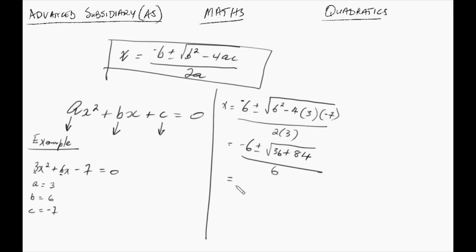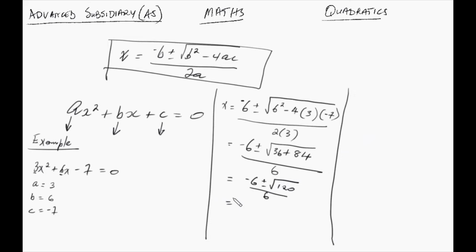So what do you have? Negative 6 plus or minus the square root of 120 all over 6. So the square root of 120 is how much?